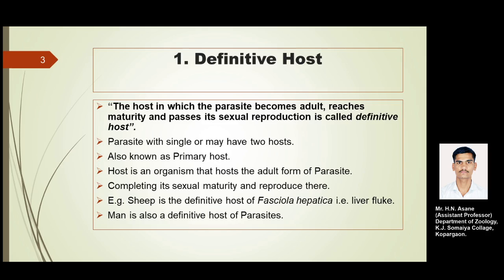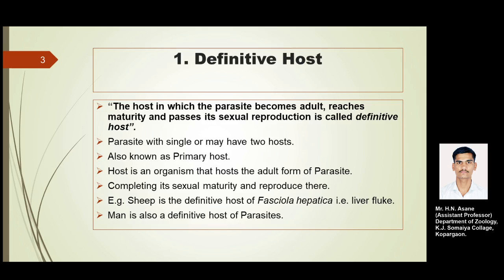For example, sheep is the definitive host of the liver fluke, Fasciola hepatica, which harbors the adult or sexual maturity stages of the parasite known as the liver fluke. And one more example, like the Plasmodium vivax, whose mechanical vector or intermediate vector is the mosquito.